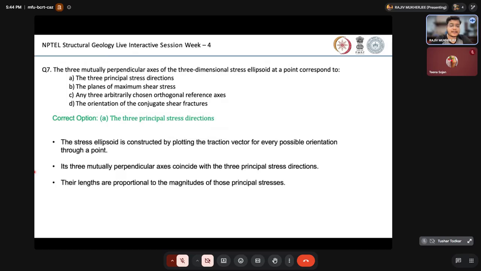That's how we construct the stress ellipsoid. Just as in the case of a strain ellipsoid, where the maximum stretch is lambda 1, the quadratic elongation, the intermediate will be lambda 2, and the smallest will be lambda 3. That's how we know which are which.